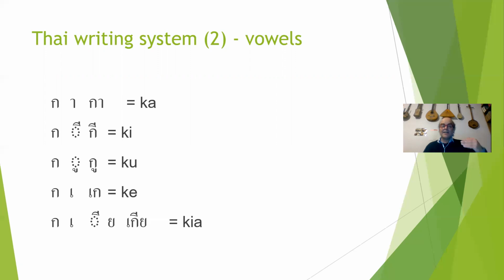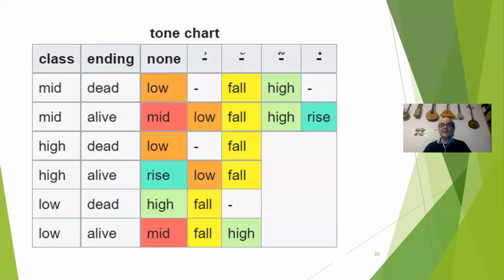But this idea that aa is to the right, i is above, u is below, and e is to the left, this is exactly something that we also see in all of the Tai languages that we are talking about, that we have in Northeast India today.